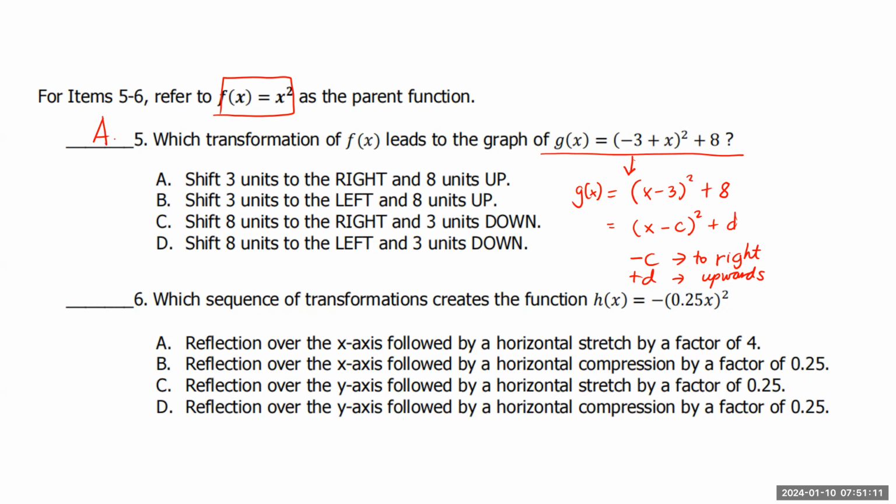Number 6, which sequence of transformations creates h of x, which is negative 0.25x squared? So what do we have here? We have a negative sign and we have a coefficient for x.